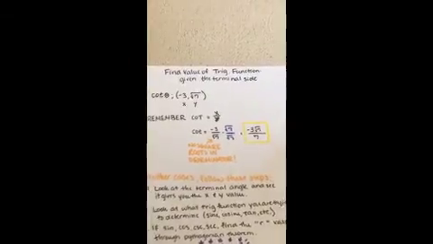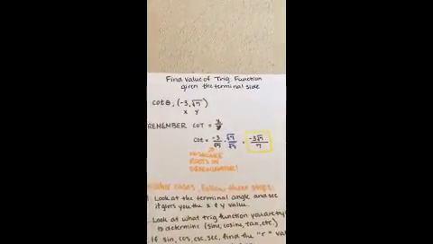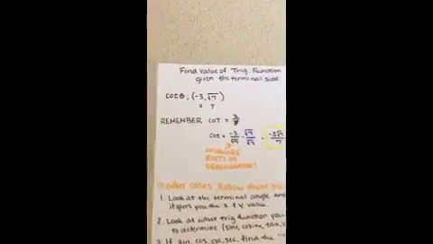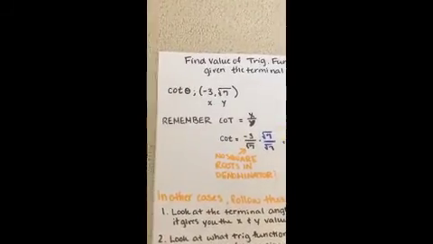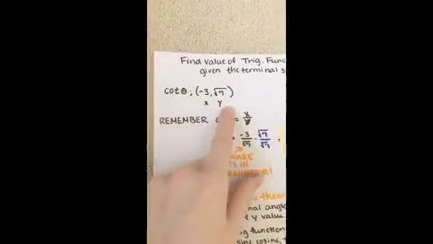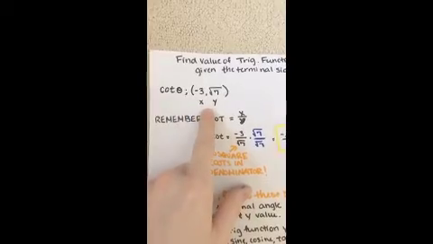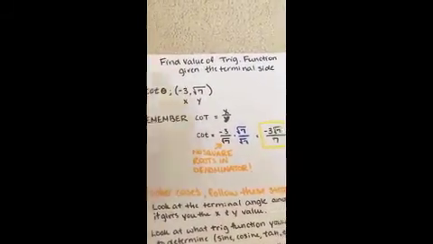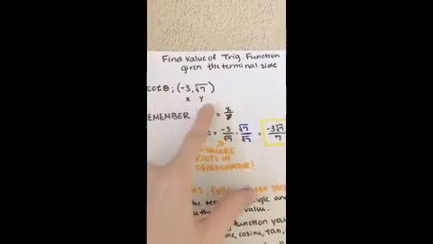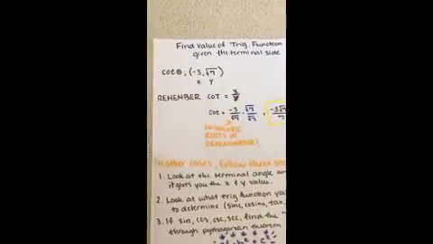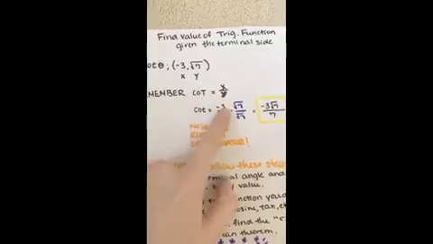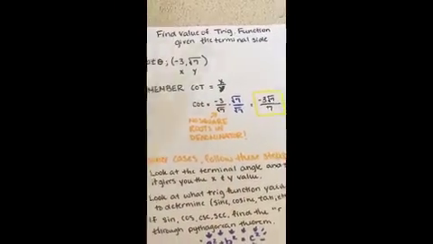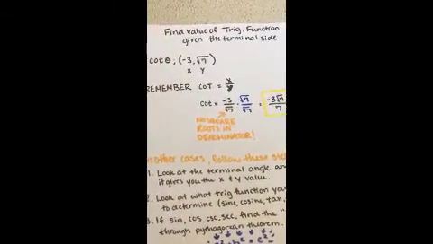On a test or quiz, you may be asked to find the value of a trig function given the terminal side. So, for example, we have cotangent, and the terminal side that we are given is negative 3 and square root of 7. So we know, because we're given the terminal side, that this is the x value and this is the y value. Just remember that cotangent is x over y. So now we can just plug in those values that we know.